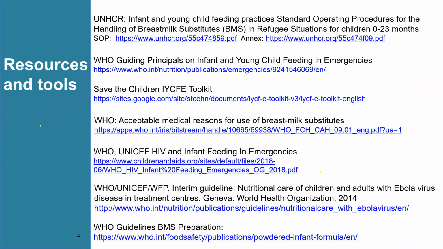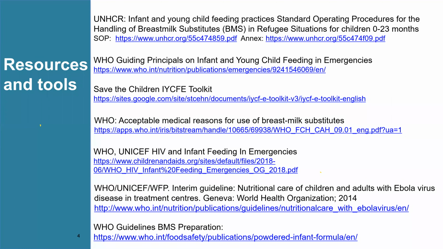Save the Children IYCF-E toolkit is a great place to look when beginning any IYCF-E programming, but also when considering BMS use in emergencies. The WHO acceptable medical reasons for breast milk substitutes, HIV and infant feeding in emergencies link, as well as the interim guidance for nutritional care for children and adults with Ebola virus, and WHO guidelines for BMS preparation.